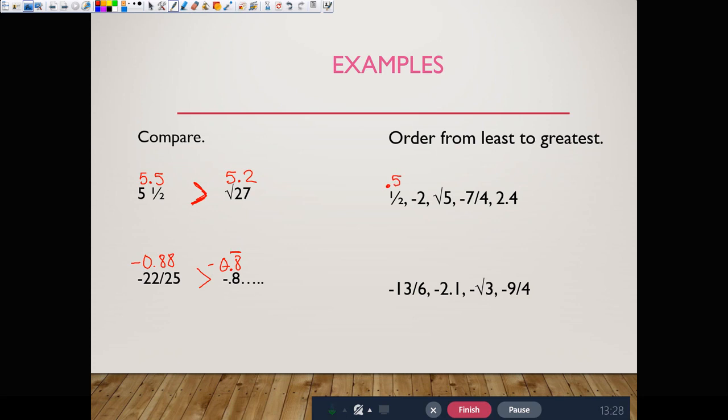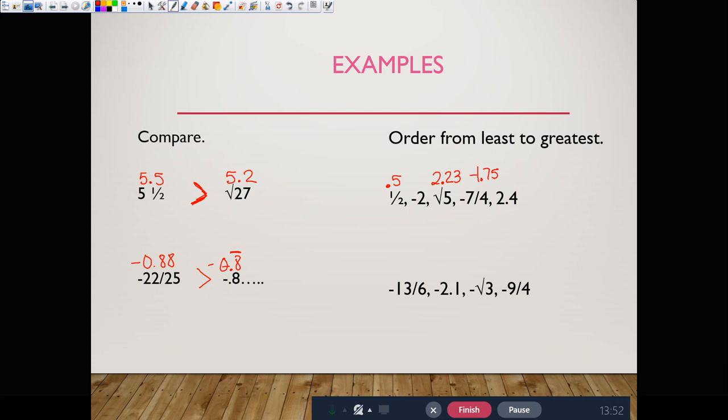We have negative 2. What is the square root of 5? 2.23. And negative 7 divided by 4? And we have 2.4.